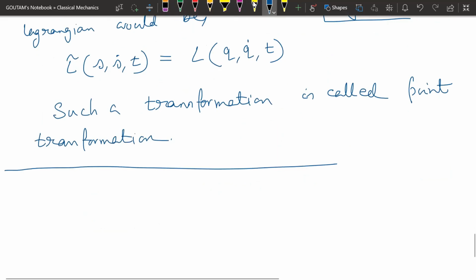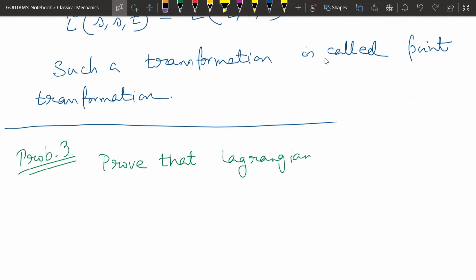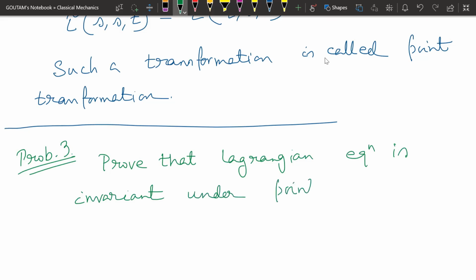So now the thing we need to prove is that the Lagrange's equation is invariant under point transformation.